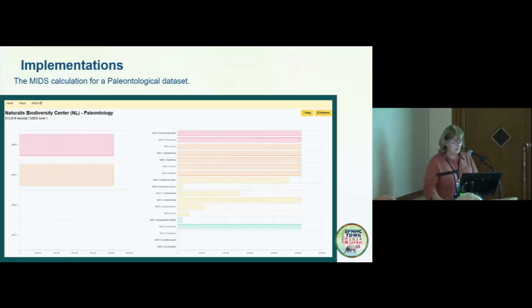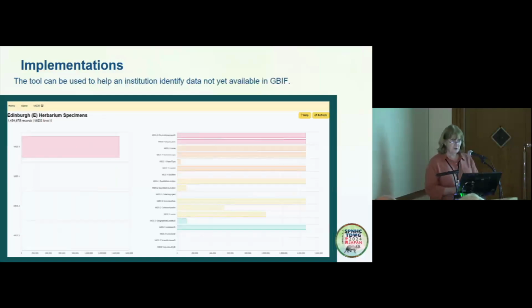And just finally, from our own experience at the Royal Botanic Garden, Edinburgh, in the herbarium, we can see that the tools can be used to help identify data not yet available in GBIF. These data are also often captured in the collection management system, or they may be easily included in the static metadata for the dataset being uploaded.